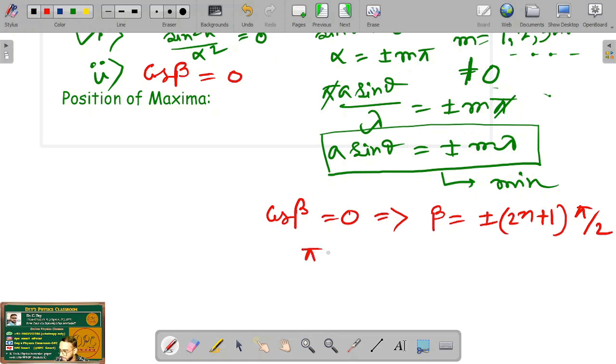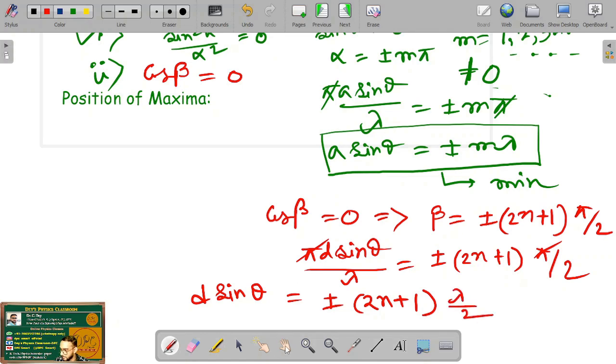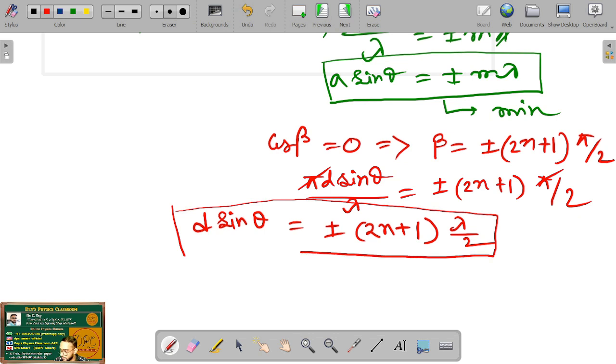Similarly, beta is pi d sin theta by lambda, so that equals plus minus 2n plus 1 pi by 2. Pi cancels out, and we get d sin theta equals plus minus 2n plus 1 lambda by 2. This is the second condition for the minimum position.